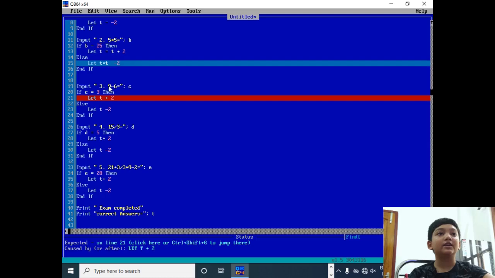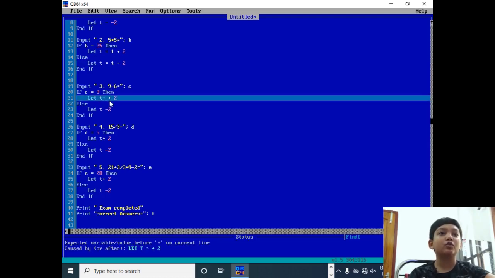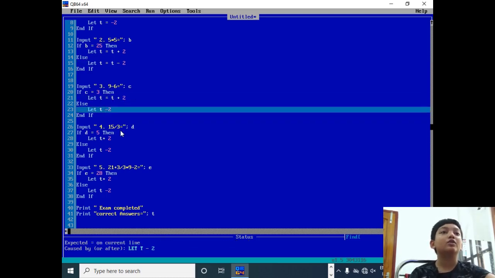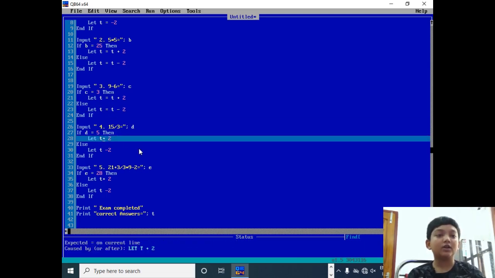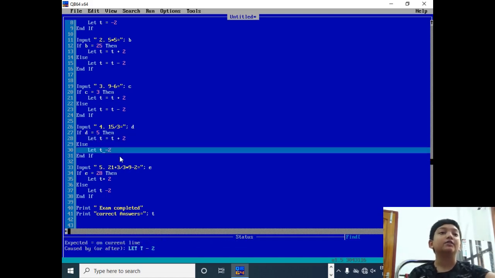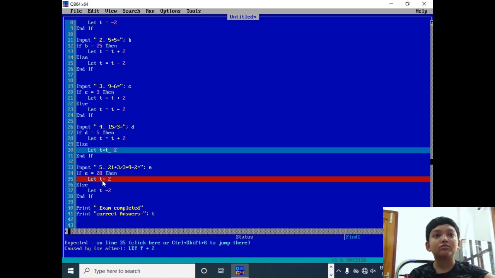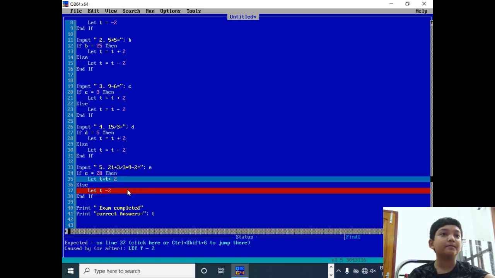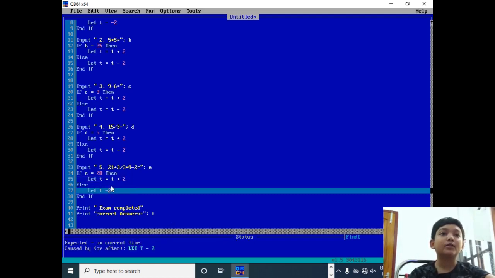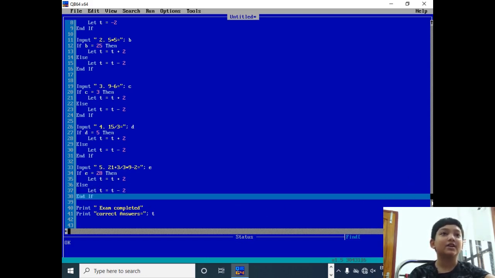Now t is equals to t plus 2, t is equals to t minus 2, and so on for each question. Now let t, now t is equals to t minus 2. Okay, now each and everything is okay.